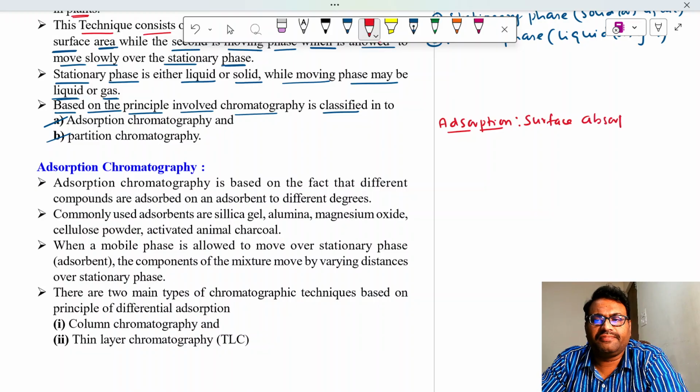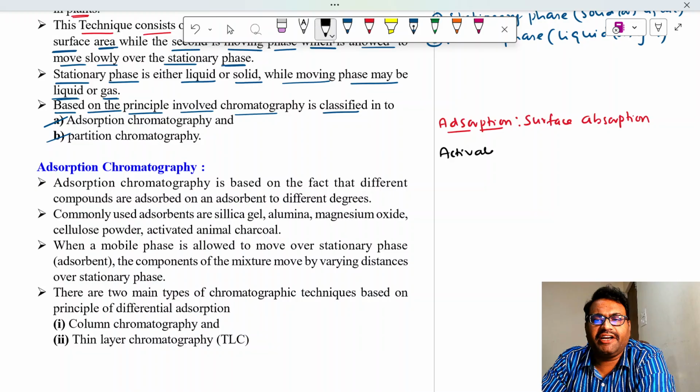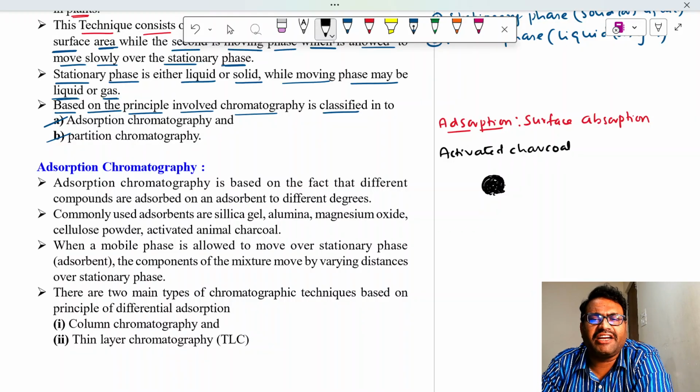Let us take some activated charcoal. What is that? Activated charcoal. It is activated by heating to a certain temperature.